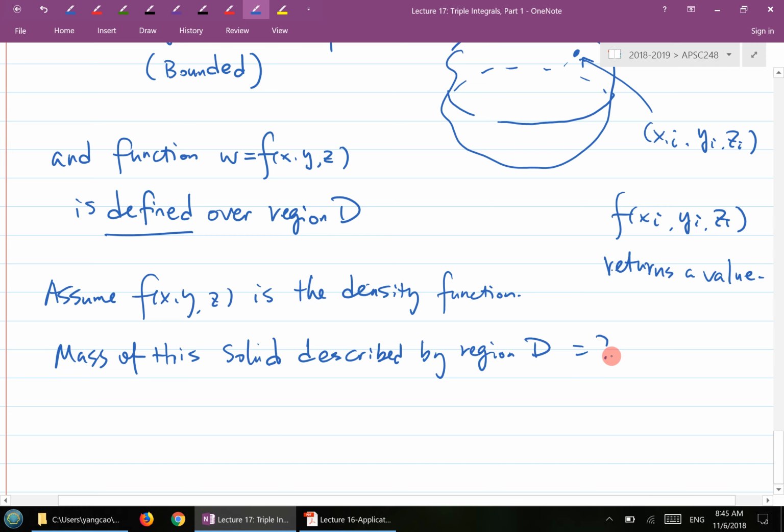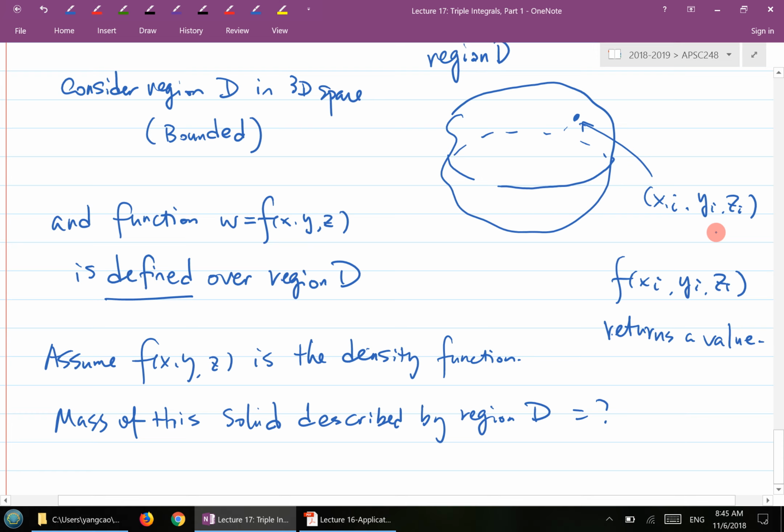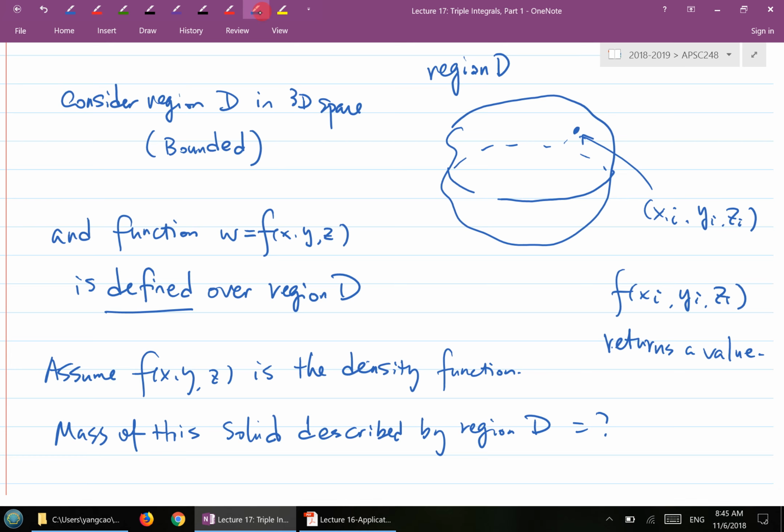That's a simple question. Here's how I'm going to approach it. I'm going to use the limit concept, try to estimate first, and then use the limit concept to get precise information.